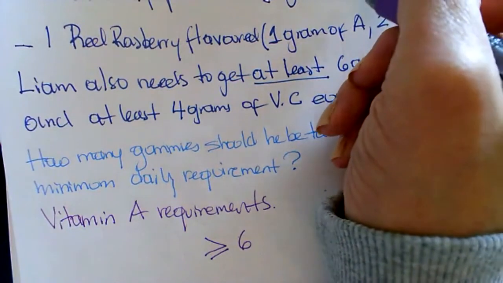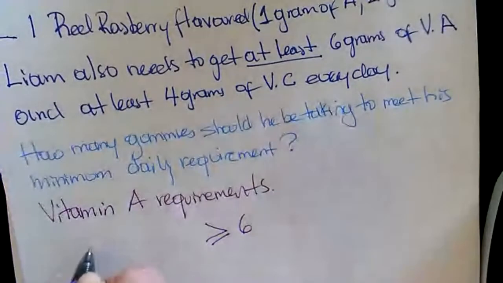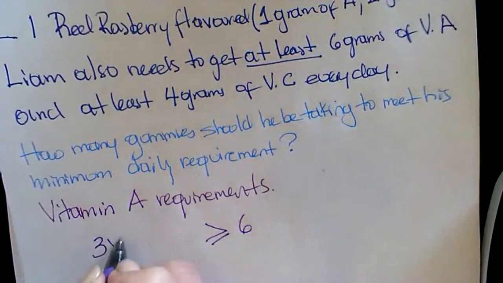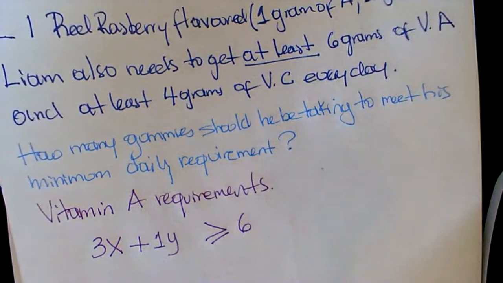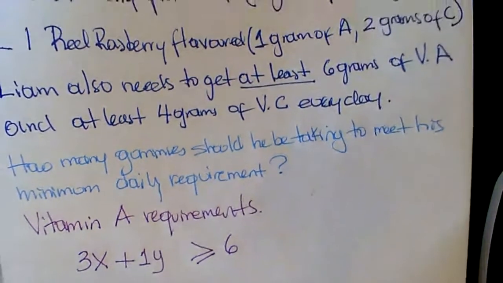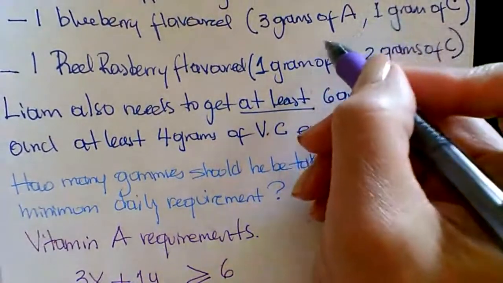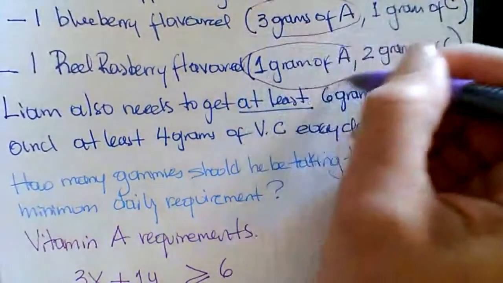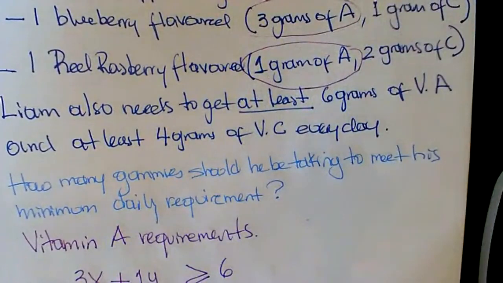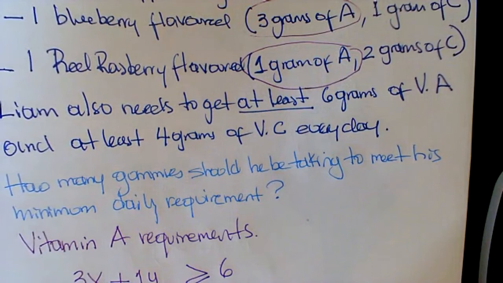We have 3 grams here, and here we have 1. So this is going to be 3x plus, and I'm going to write the y here. The vitamin A, 3 and 1.